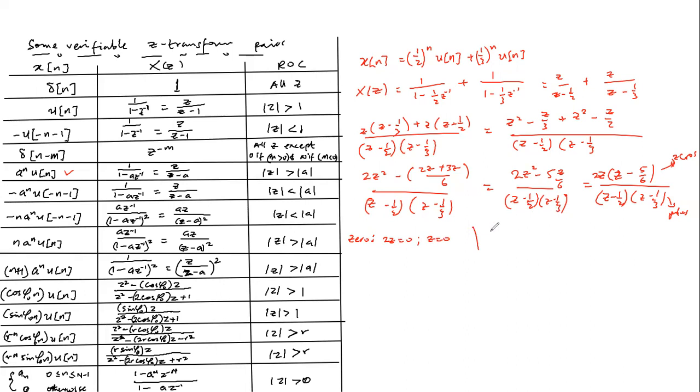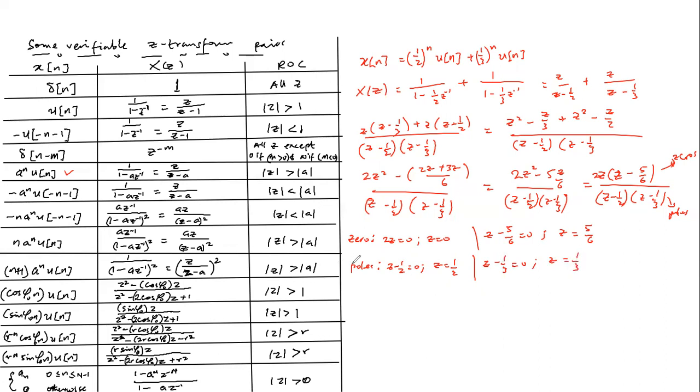Then the second root here is z minus 5 over 6 equal to 0, so it means z is equal to 5 over 6. Now for the poles, you have two roots too. So z minus 1 over 2 is equal to 0, so z is equal to 1 over 2. And the second pole here is z minus 1 over 3 is equal to 0, so z is equal to 1 over 3.